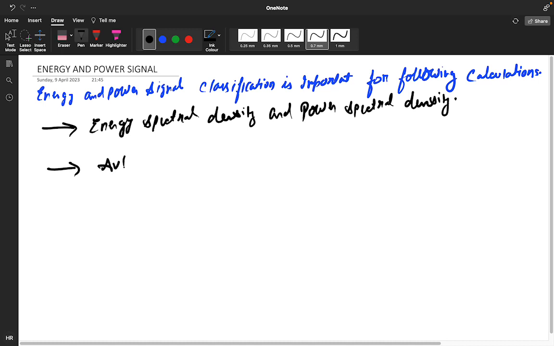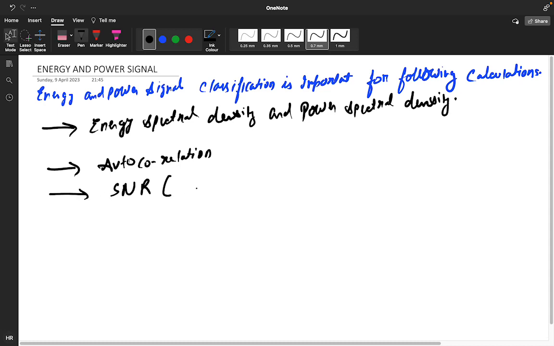I will tell you the meaning of autocorrelation. But first write why we are doing energy and power signal calculations. Why the energy signal and power signal is important. So first write, it is used for the calculation of energy spectral density and power spectral density, autocorrelation, and your SNR.